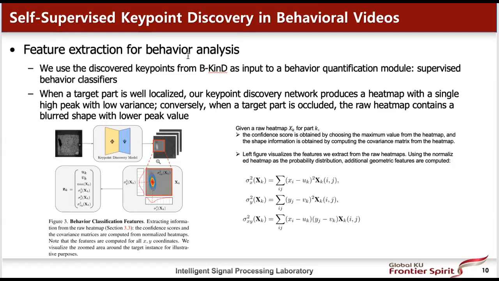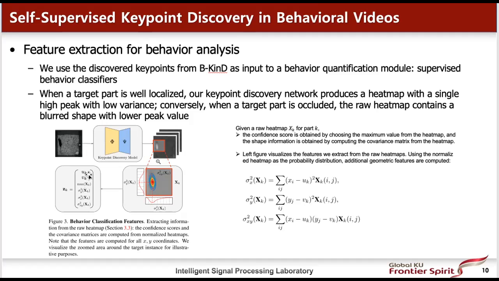For the downstream task, for example behavior classification, we want to send the extracted geometry features to the classifiers. So we use the discovered key points from the proposed method as input to a behavior classifier, and then we train the behavior classifier in a supervised manner.